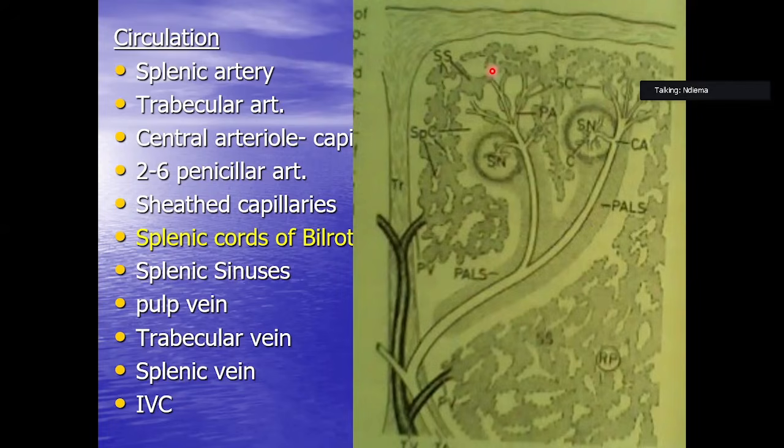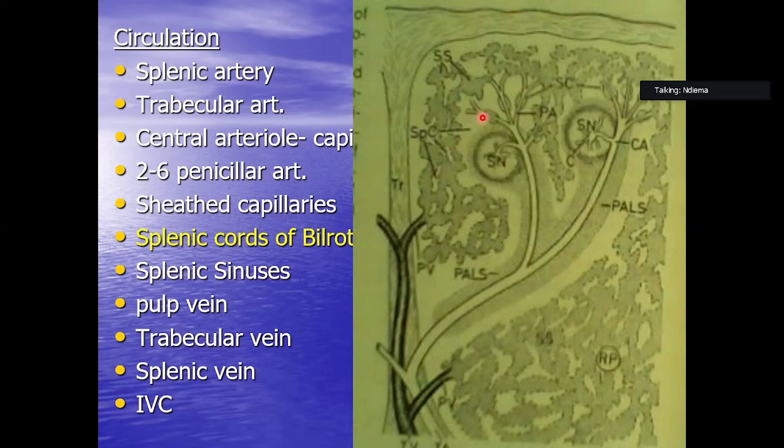So note that in this position, it's continuous, entering into splenic sinuses. In this position, it's opening into the splenic cords of Billroth, where it is filtered and then enters back into the splenic sinuses.